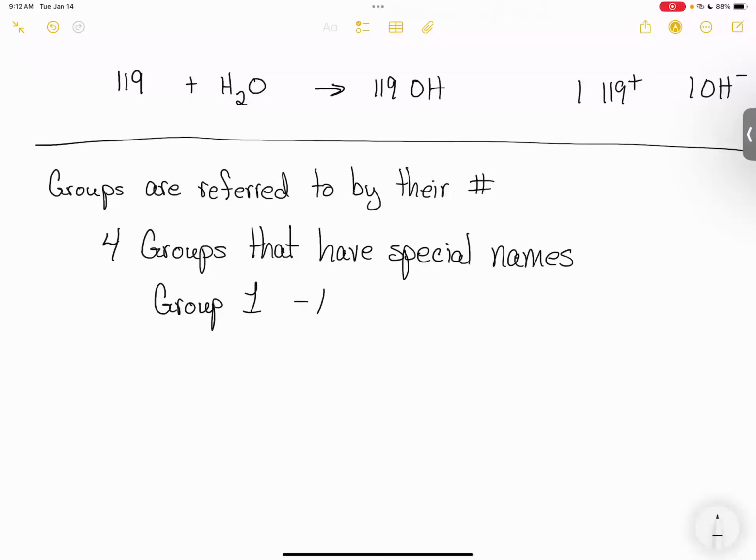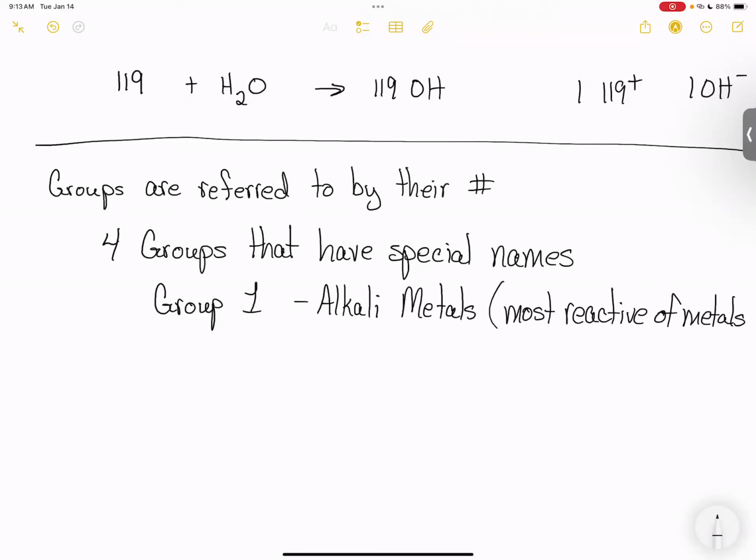which is known as the alkali metals. They are the most reactive of the metals. Group 2 is known as the alkaline earth metals.